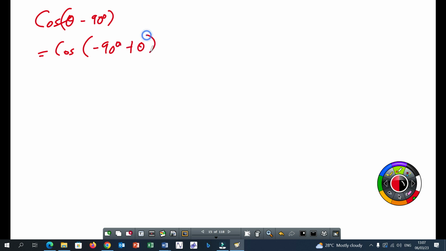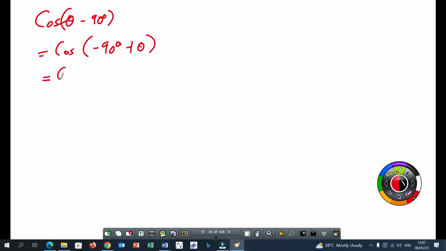So let's simplify cosine of theta minus 90 degrees. By now, you should be aware that this is the same as cosine of minus 90 degrees plus theta.